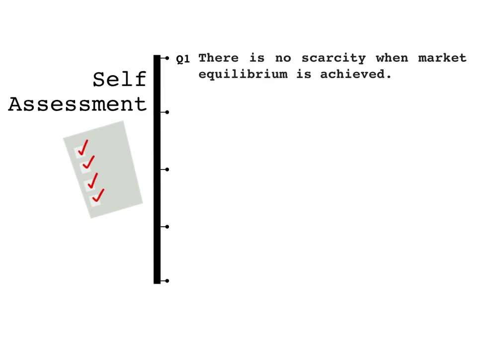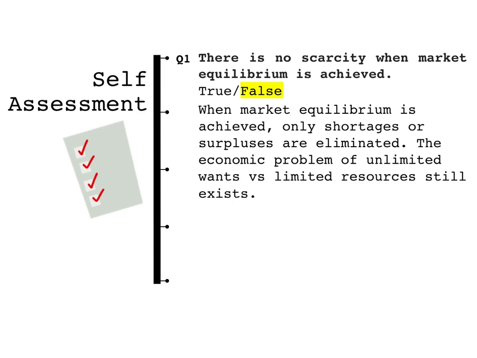Now, is it true that there is no scarcity when market equilibrium is achieved? Actually, no. When the market equilibrium is achieved, only shortages or surpluses are eliminated, as what I've shown you so far. The central economic problem of unlimited wants and limited resources still exists.